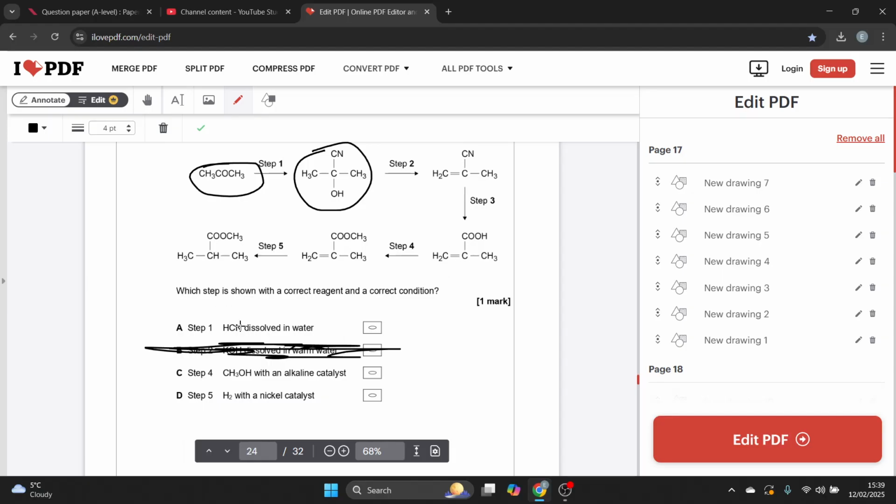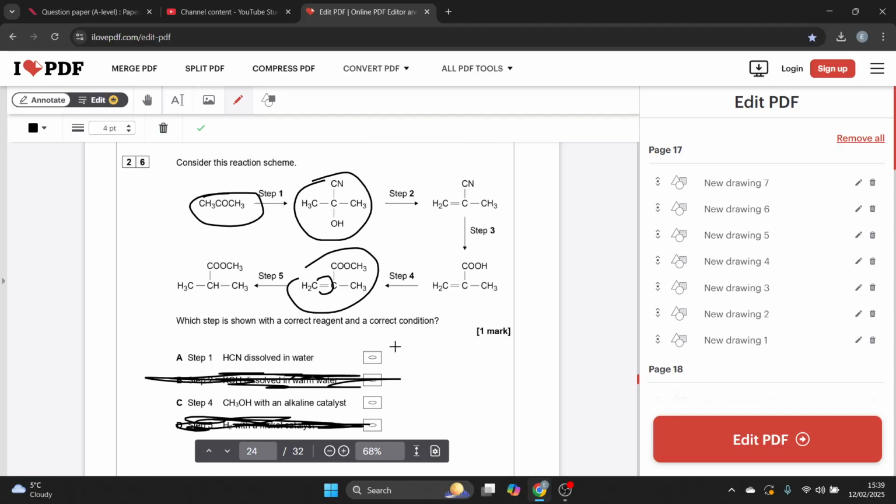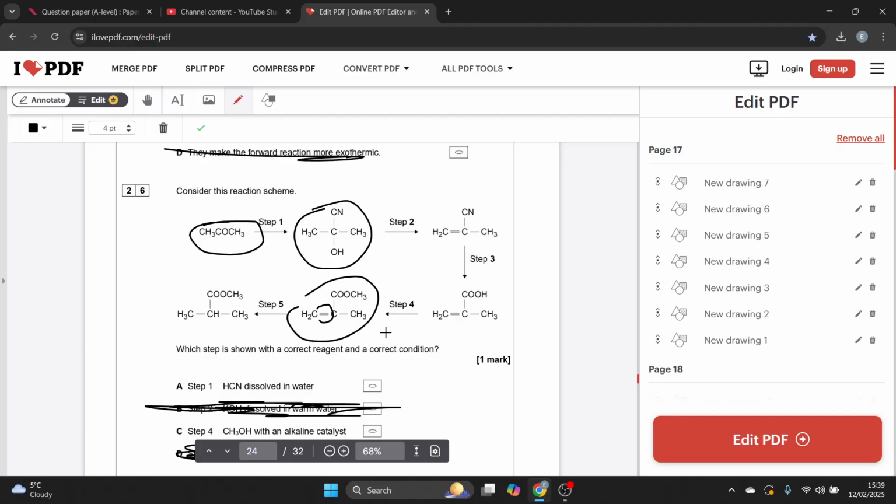Step 5, I'm just looking at which ones I can cross off immediately. Step 5, I'm going from this with a double bond to this, no double bond. Hydrogen with a nickel catalyst. Definitely not that. That's called catalytic hydrogenation. That's for nitriles and amines, not that. So I'm left with step 1 and step 4. Methanol with an alkaline catalyst for step 3.